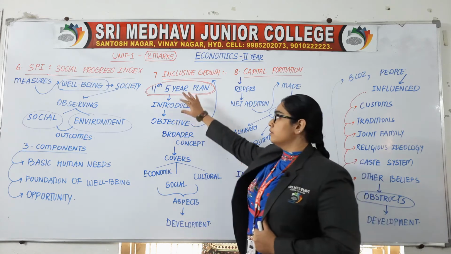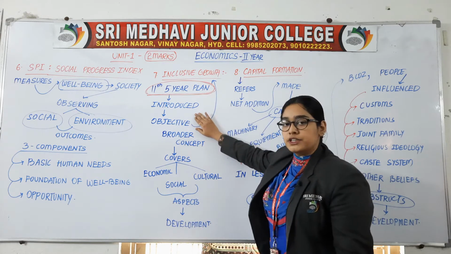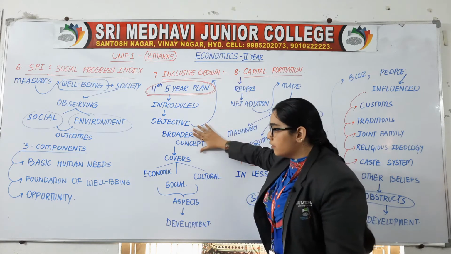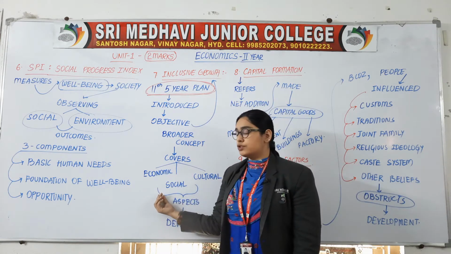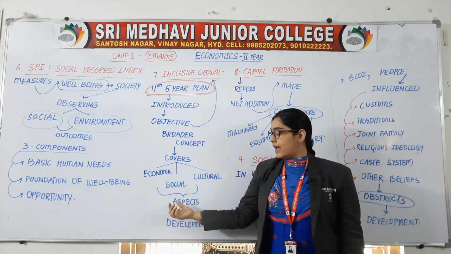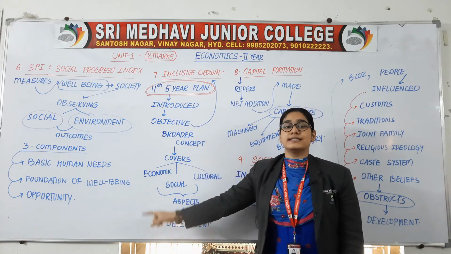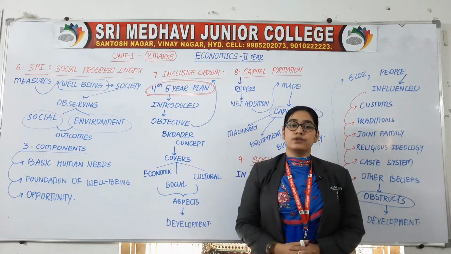Clear? So 11th 5-year plan have introduced the objective of inclusive growth. It is a broader concept which covers economic, social and cultural aspects of development. So 6th point is SPI, 7th definition is inclusive growth.